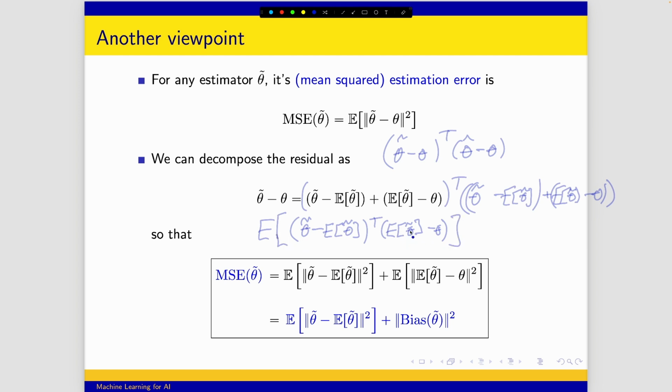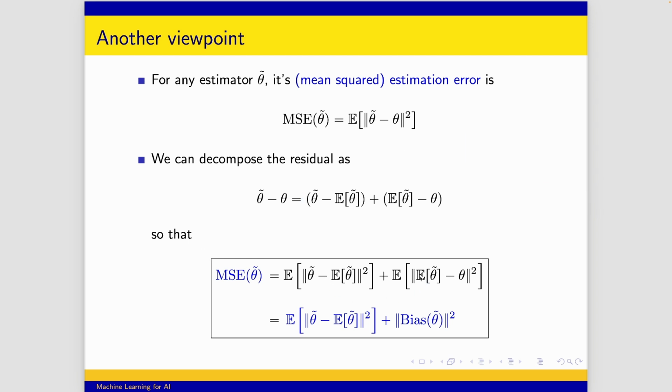Well, the expected value of this minus this is not a random quantity, so we can take it outside. And so we've got the expected value of theta tilde minus the expected value of theta tilde. This is not random, so we just get the expected value of theta tilde minus expected value of theta tilde, which is 0. And similarly with the other cross term. So we're left with only these two terms here.